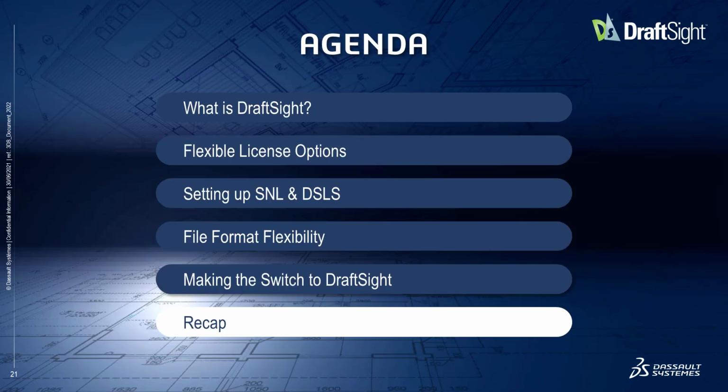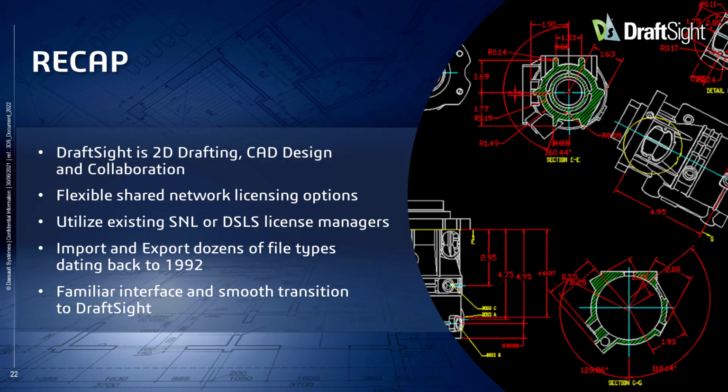So to wrap up, just a quick recap of everything we talked about today. We talked about what DraftSight is, a quick overview of DraftSight as a whole, some of the various license options that you have with DraftSight: on-premise, network license, as well as cloud through the 3D Experience platform.